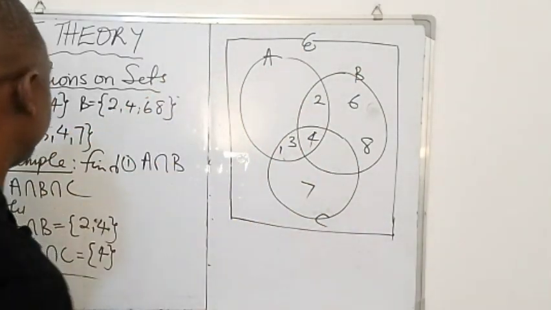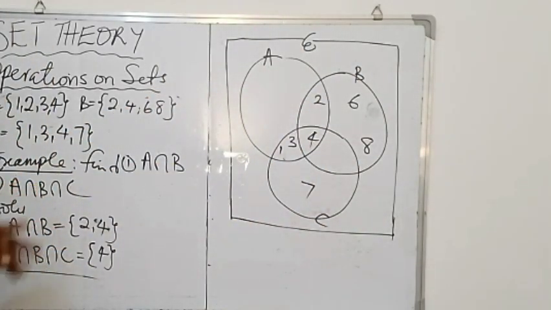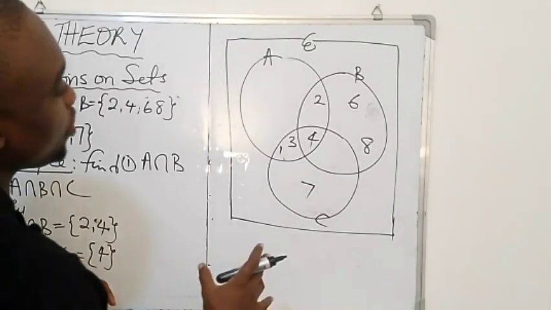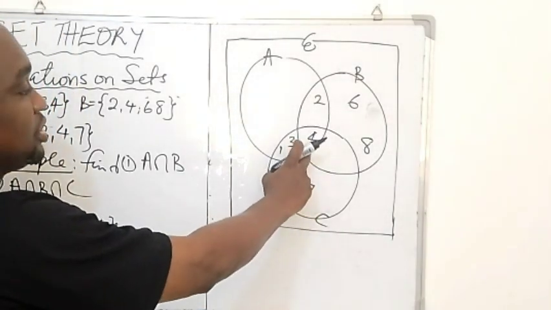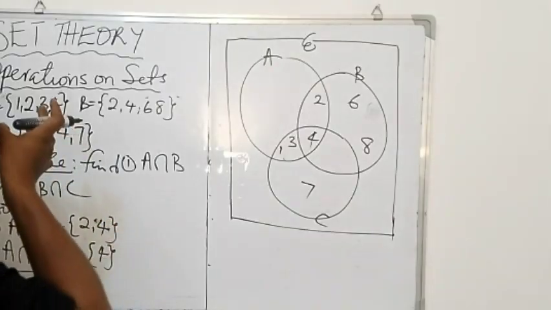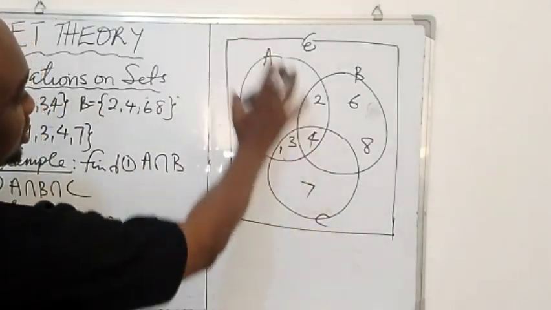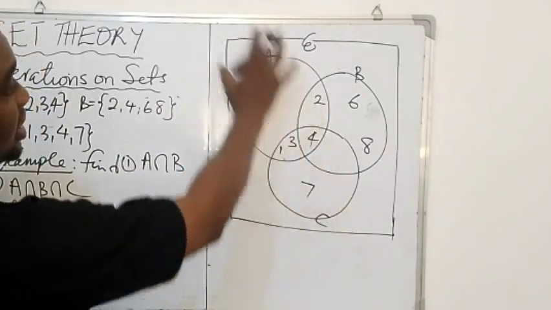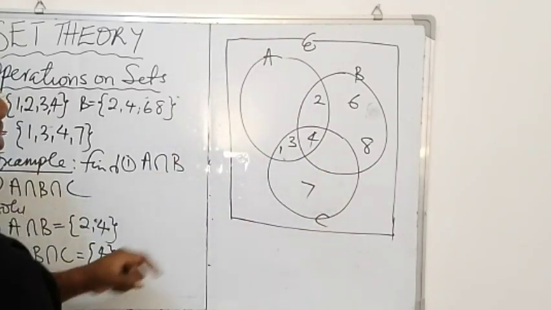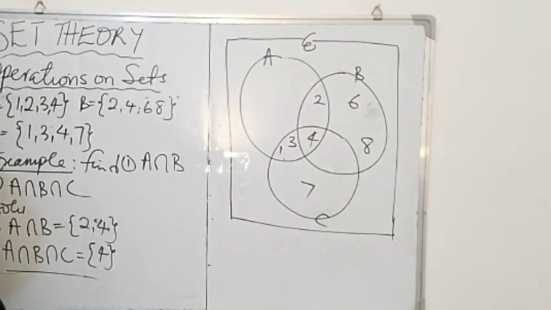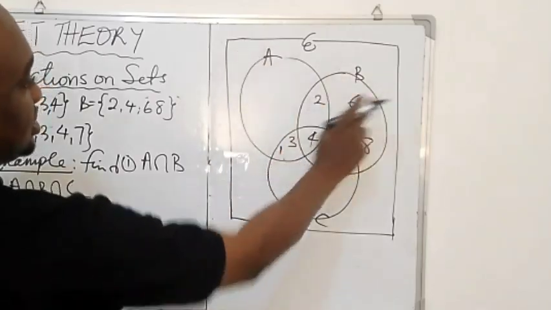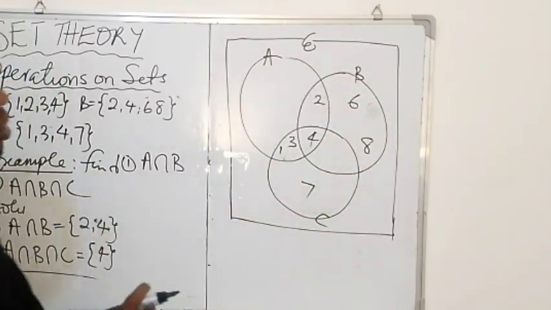This is the Venn diagram representation. So for this, we have here the intersection of A, B, and C, which is your 4. The intersection of A and C would be 1, 3, and 4. All right. So the intersection of B and C will be 2 and 4.